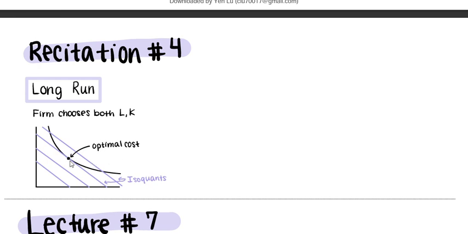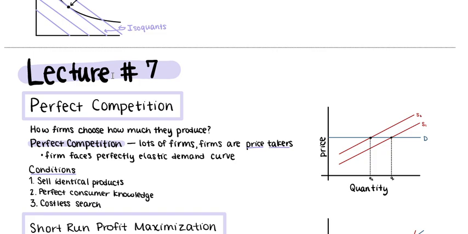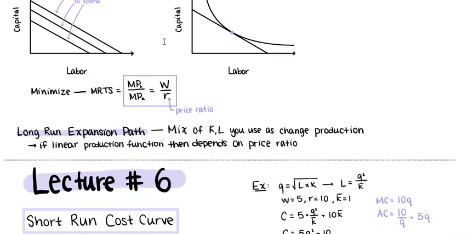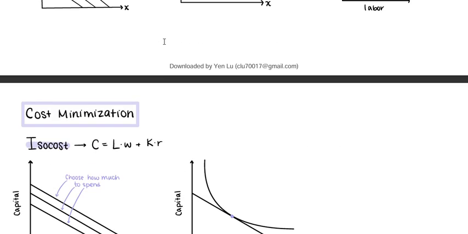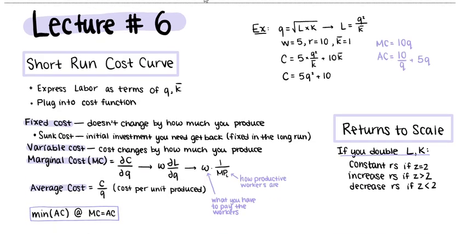So it's the optimal cost. With isoquants, we also find the intersection here. So that's all about the production. That's all about the producer part. Thank you for listening.